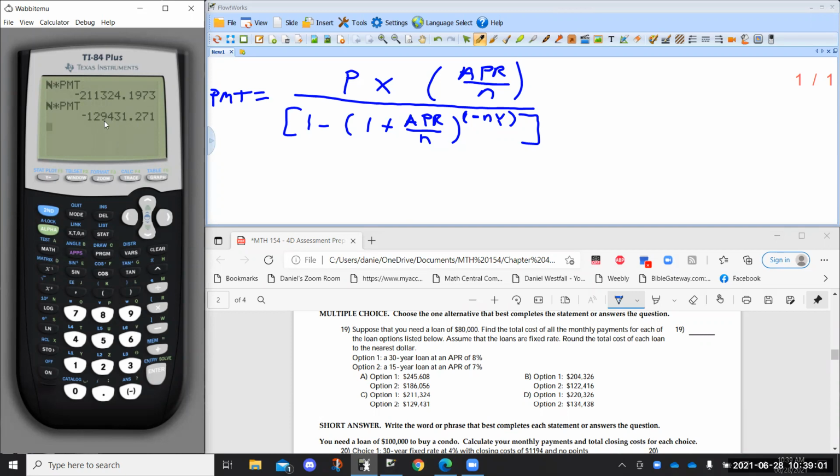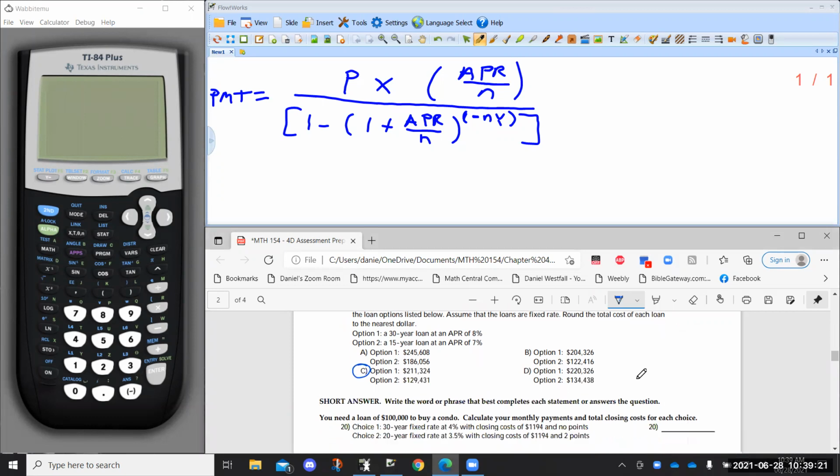So this is going to be $129,431. And that would be option C in the multiple choice. So let's clear that. This is going to be C. It's going to be the correct answer there.